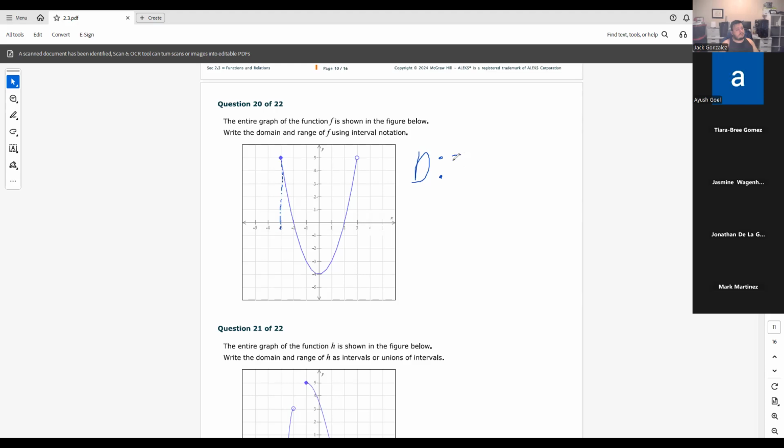So a bracket, because we have a solid point there. And then we keep going all the way to the right up until this point. This is the furthest to the right, so that's the largest x value. But there's a hole, so you put parentheses.